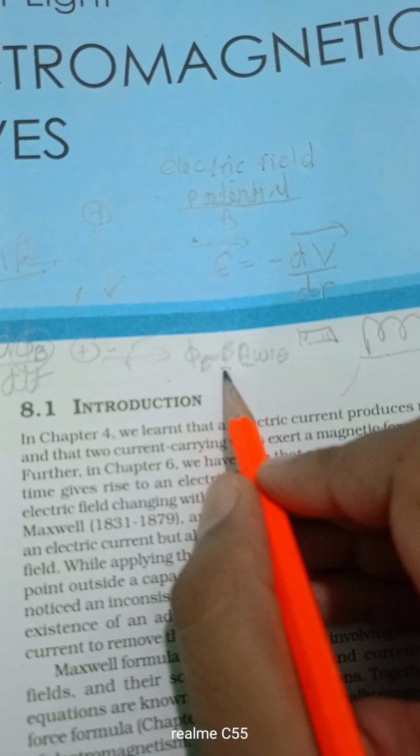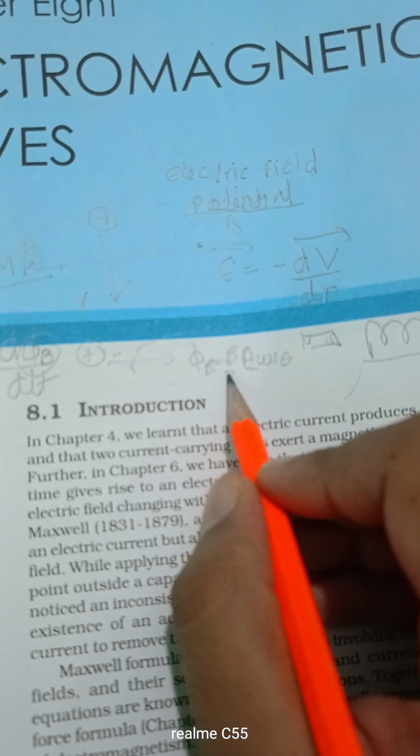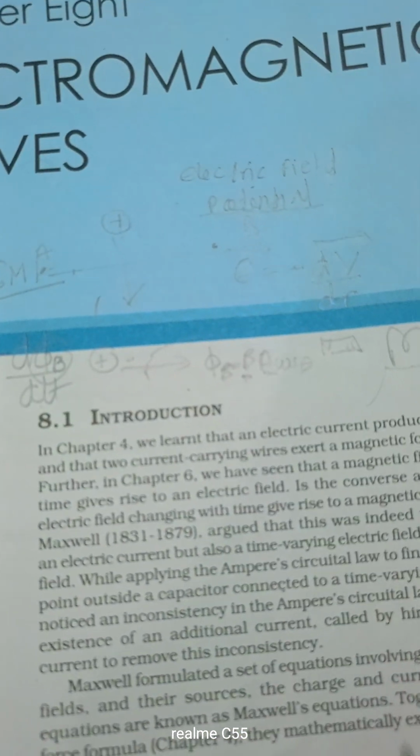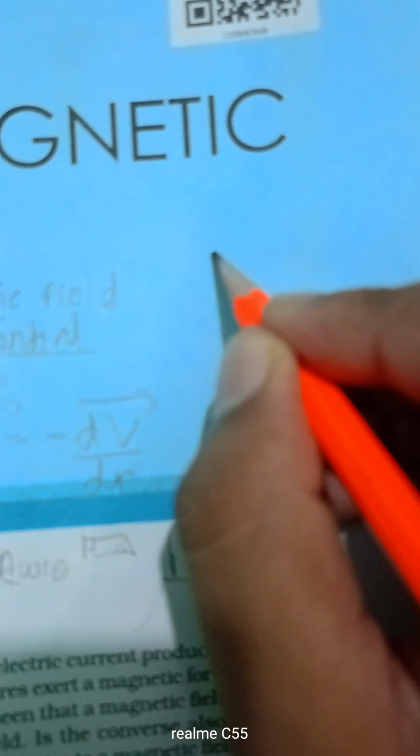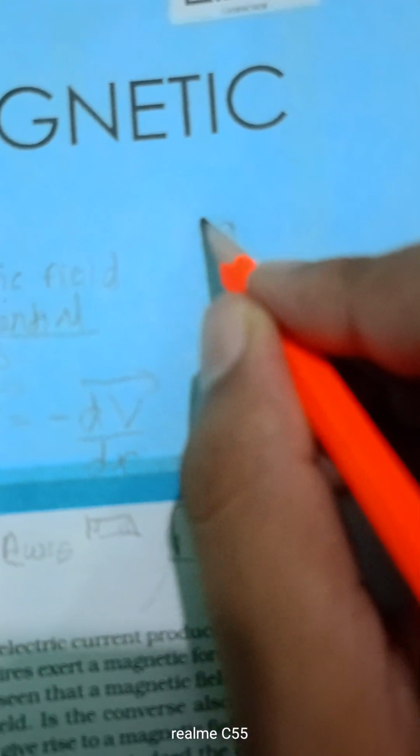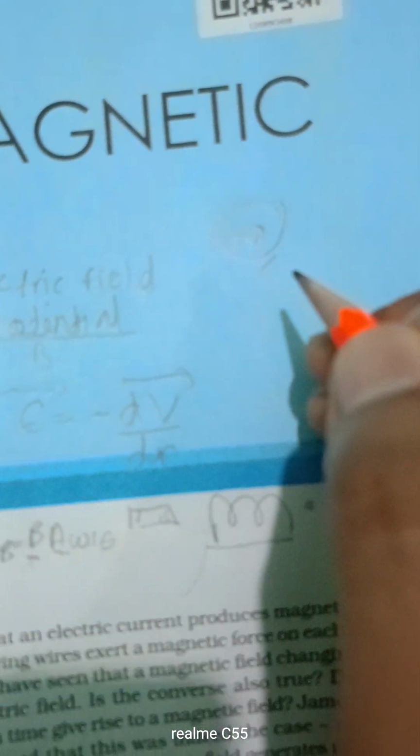Now a varying magnetic field should not make sense. Why? Because of a very important concept from chapter 4 again. Can a magnetic field exert force on a stationary charge?